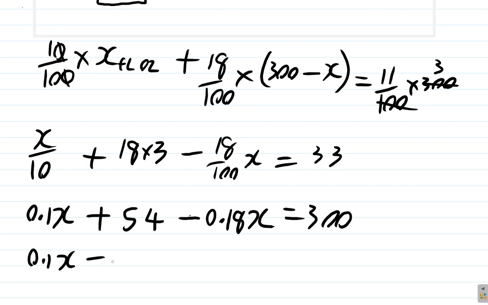But anyway, if we put like terms together, 0.1x minus 0.18x equals, suppose we subtract 54 from both sides at the same time, we have 300 minus 54, right?